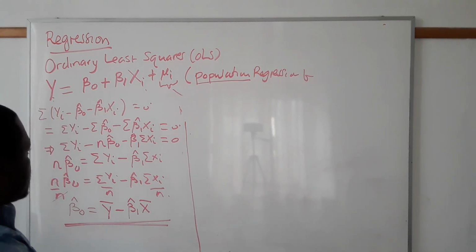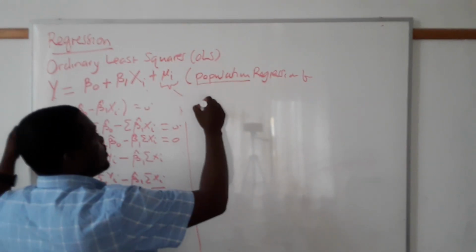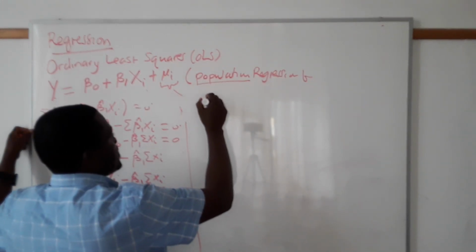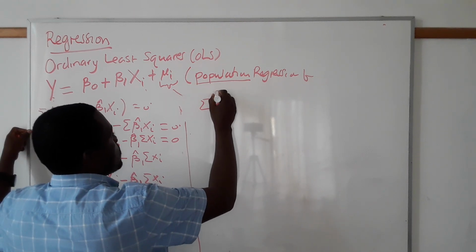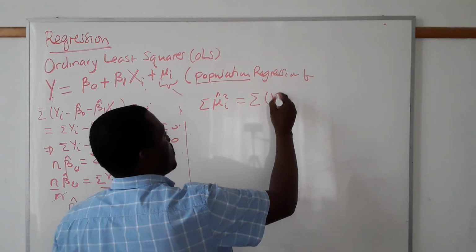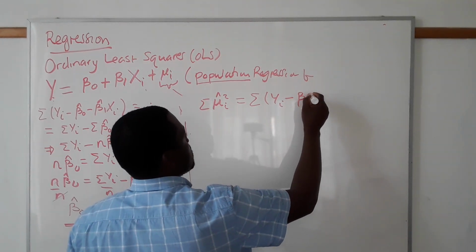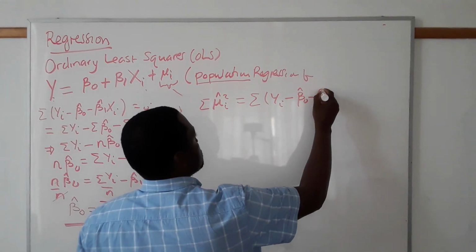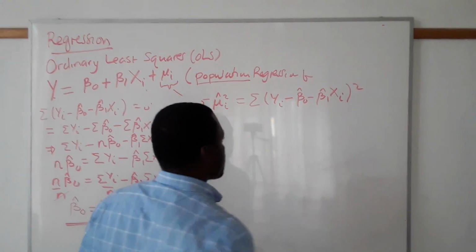Then we can do the same with respect to beta 1. So we said we have the sum of mu i squared, which is equal to the sum of yi minus beta naught hat minus beta 1 hat xi, squared.